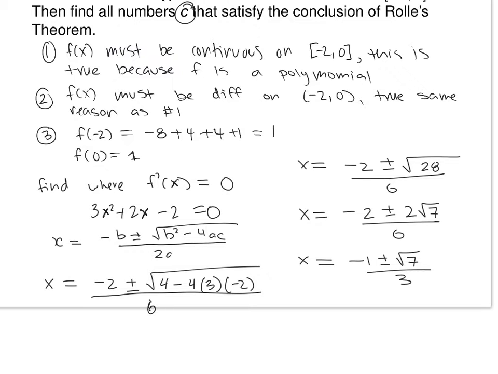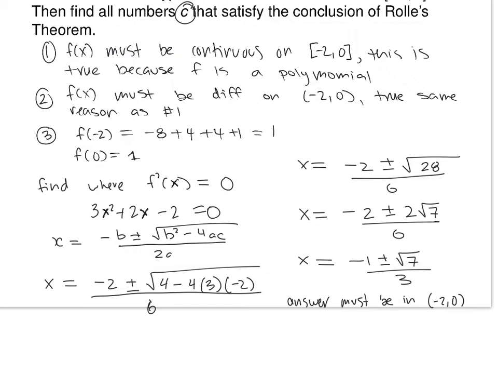Now, the one tricky thing about these problems is your answer must be in the interval from negative 2 to 0, or whatever interval you're given. So root 7, you don't know it exactly, but is it bigger than 1? Yeah. So is negative 1 plus root 7 a positive or negative number?